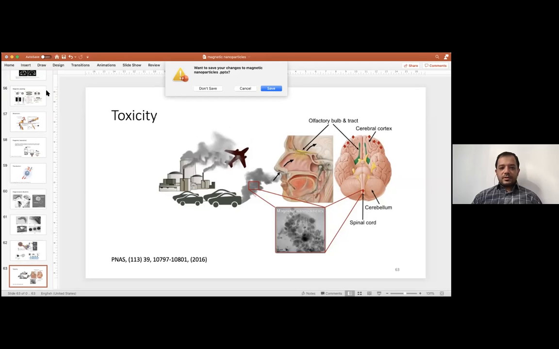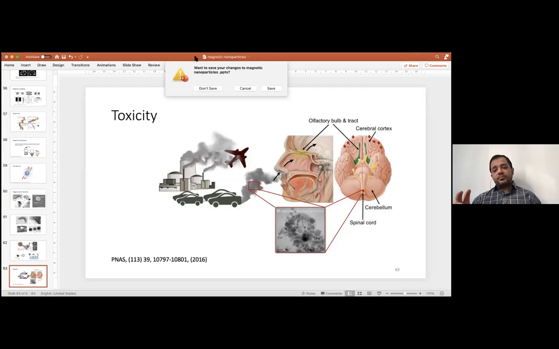Right. This is something that I discussed in the previous question. This is a great question. Yes, there are disadvantages to having magnetic nanoparticles inside your body. There are even disadvantages to having chemotherapeutics in our body.